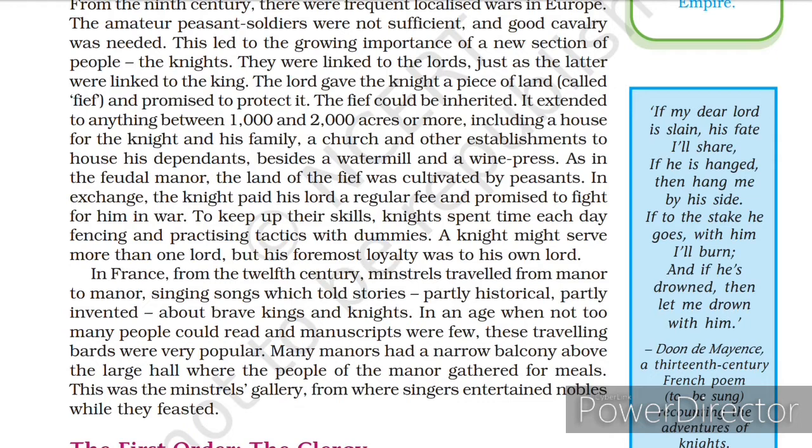So the knight will show utmost respect to the landlord, then a little bit to the king. But when you say a little bit, it doesn't mean that the king can easily know that he is not paying respect to him. Okay, so they will say that foremost loyalty was to his own lord.